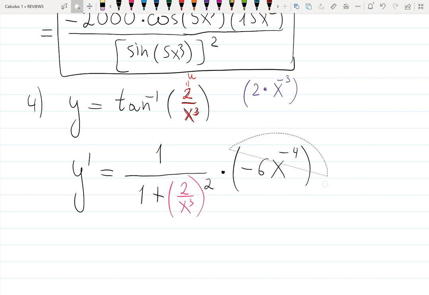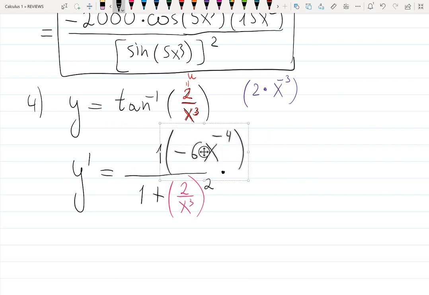And usually what I like to do, instead of doing times, I just did it for you to know what's going on. I like putting it right away into numerator. Then it just saves a lot of space, as you can see. Then you don't even have to put parentheses. So that fraction actually is the final good answer.